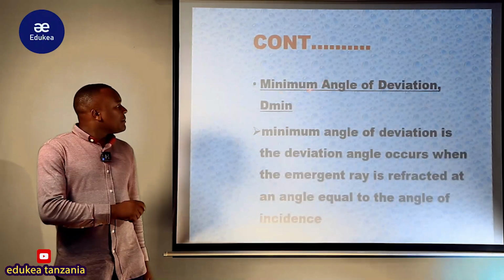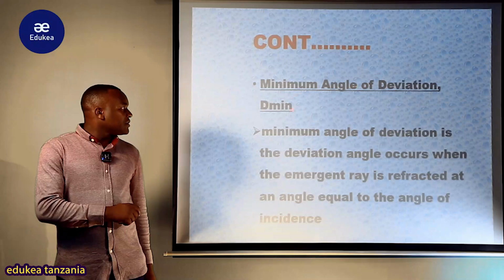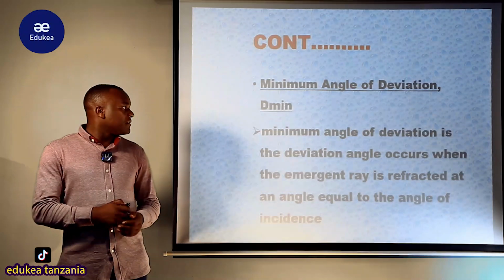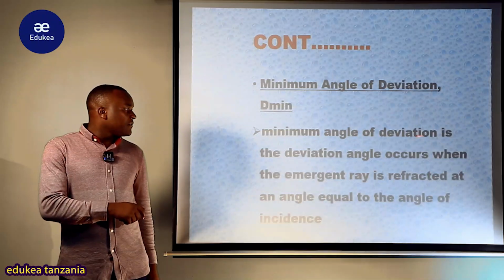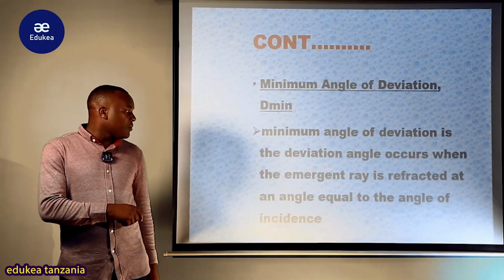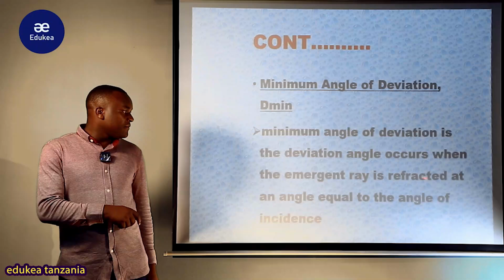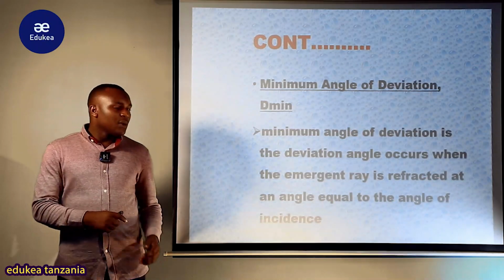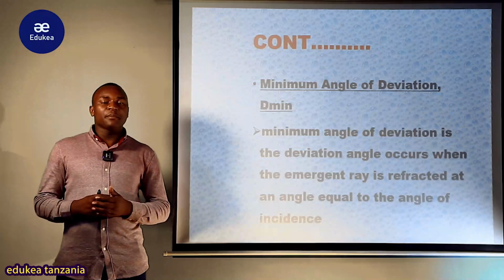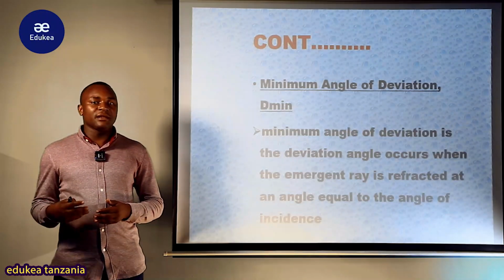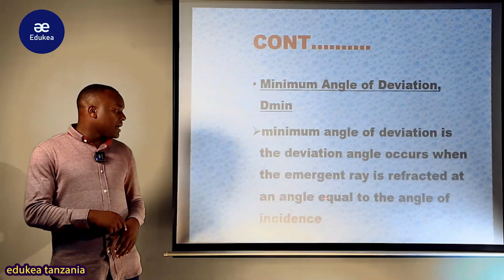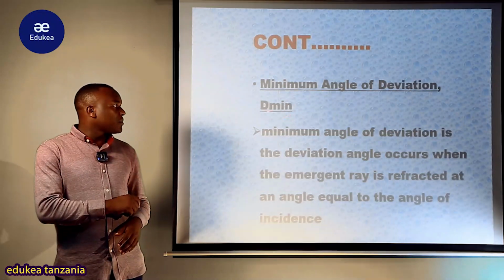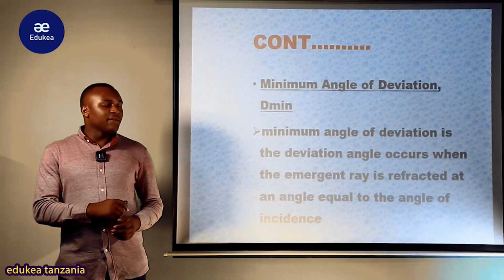So minimum angle of deviation, D min. So minimum angle of deviation, we say that minimum angle of deviation is the deviation angle that occurs when the emergent ray is refracted at an angle equal to that angle of incidence. Kwamba ile emergent ray inapokuwa imekuwa refracted inakuwa iko same angle na angle ya incident. Hapo tunasema kwamba kutakuwa na minimum angle of deviation.